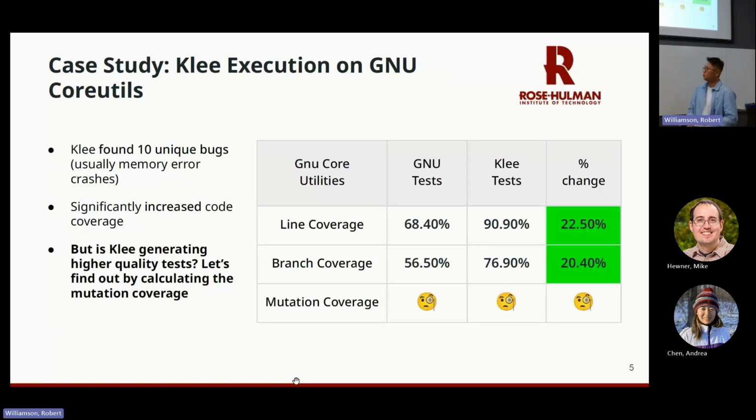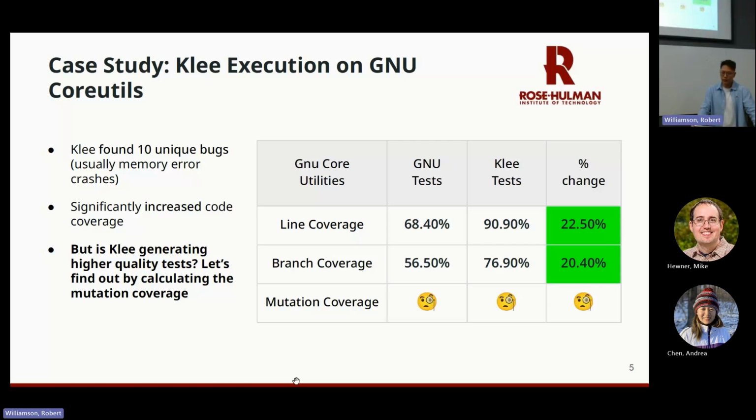Okay, so now that we know how KLEE works, I want to explain the performance of KLEE. So when the KLEE symbolic execution engine was executed on the GNU Coreutils programs, and for those of you who don't know what GNU Coreutils is, it's a standard set of programs that exist in Unix operating systems that interact with low-level operating system APIs. KLEE was able to find 10 unique bugs, and these were usually memory error crashes.